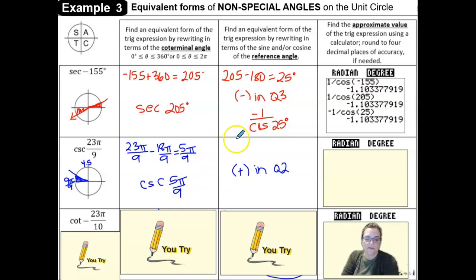Then to find the reference angle, our closest x-axis is 9 pi over 9 minus our quadrant 2 angle of 5 pi over 9, which gives us a reference angle in quadrant 1 of 4 pi over 9.